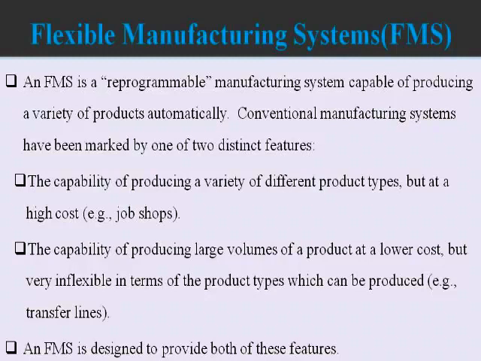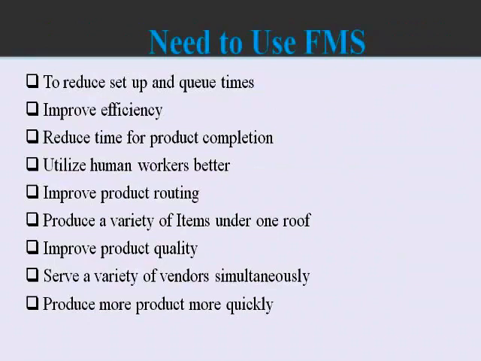An FMS is designed to provide both these features. We need to use FMS to reduce setup and queue times, improve the efficiency, reduce time for product completion, utilize human workers better, utilize machines better, improve product routing, produce a variety of items under one roof, improve product quality, serve a variety of vendors simultaneously, and produce more products quickly.